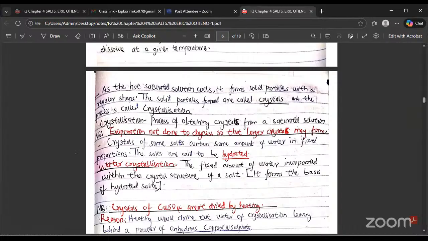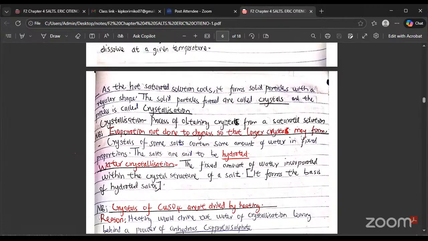So when you form crystals, we have what we call water of crystallization. When we talk about hygroscopy, or how solutions are formed, or how solutions are not formed by salts, we'll be talking about water of crystallization. So water is the fixed amount incorporated within the crystal. For example, we normally say copper 2 sulfate is hydrated.